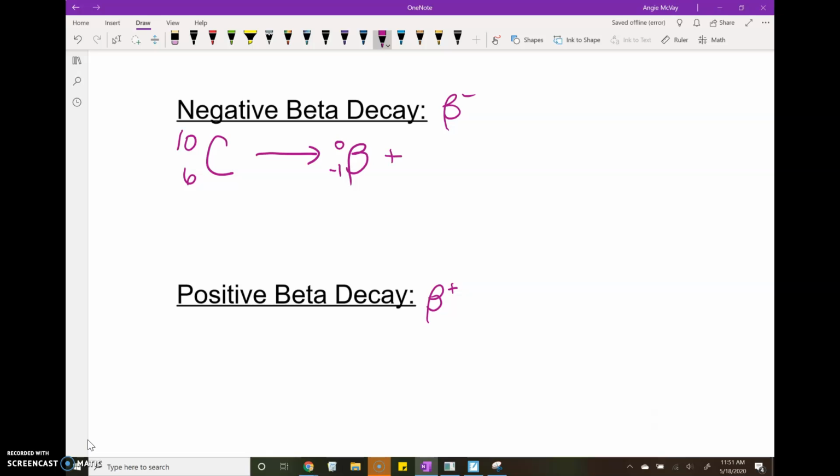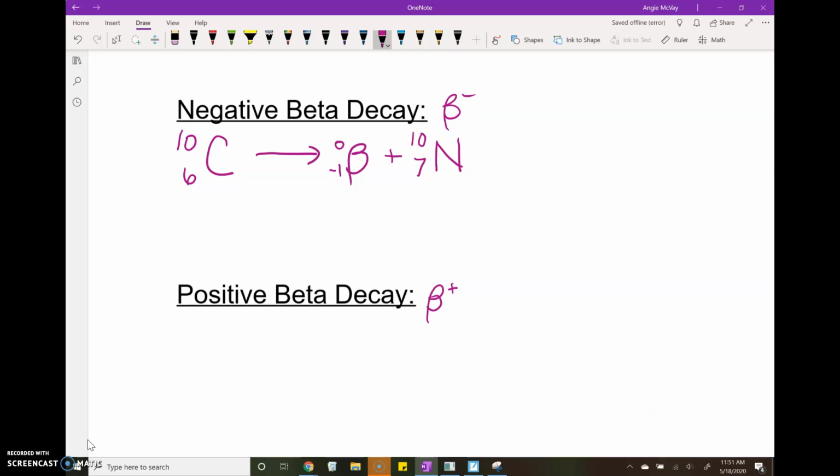To make the numbers the same on both sides, if we have -1 atomic number for the beta and here we've got 6, to make the right-hand side equal to 6 for the atomic number, this element needs to have a 7. And then 10 on this side, 0, so this also needs to be 10. And the element that can have 7 protons and 10 total nucleons is nitrogen.